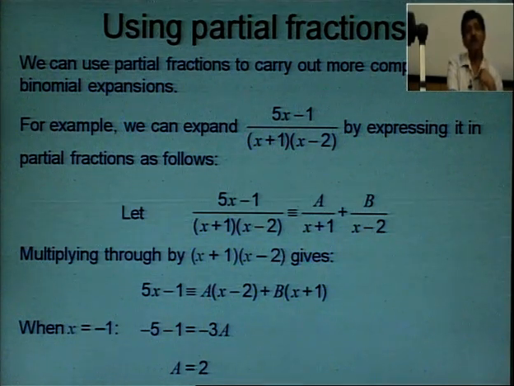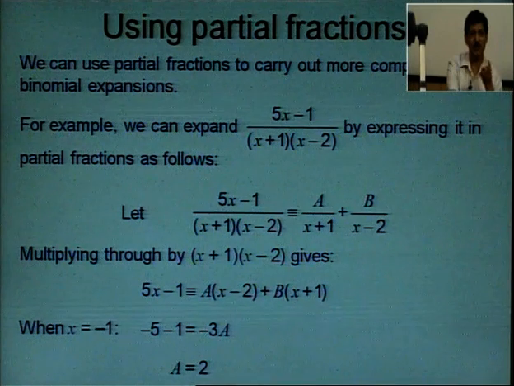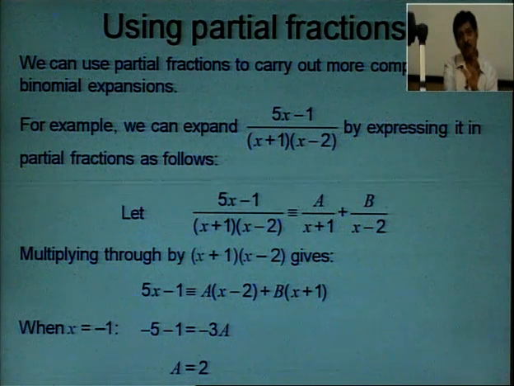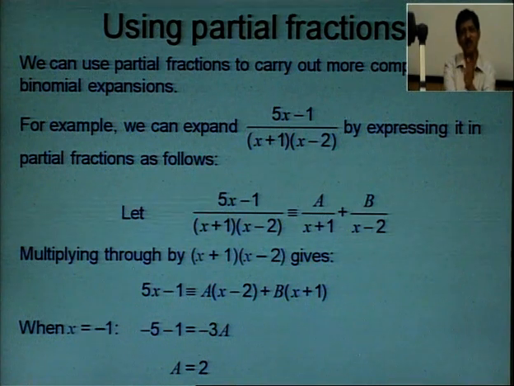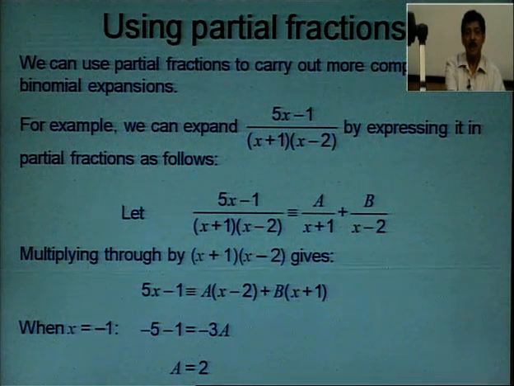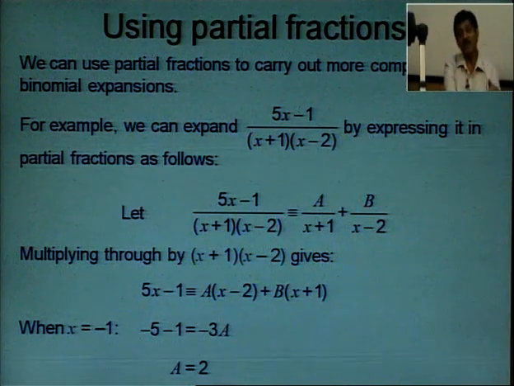And here is a simple use of partial fractions, because if you want to find an expression of this type with the help of the binomial theorem, then first of all you write each term of this expression as a sum of linear terms, and for each linear term the expansion is available. So, this is the trivial way, for example 5x minus 1 upon x plus 1 into x minus 2, you put it as a upon x plus 1 plus b upon x minus 2.